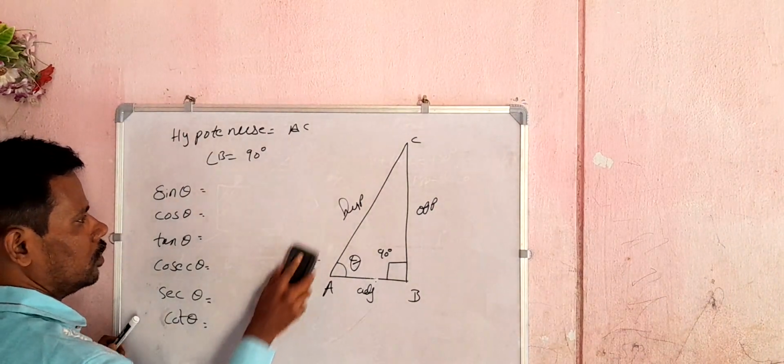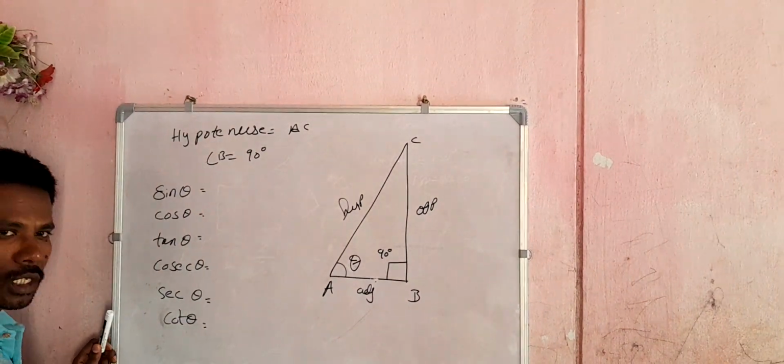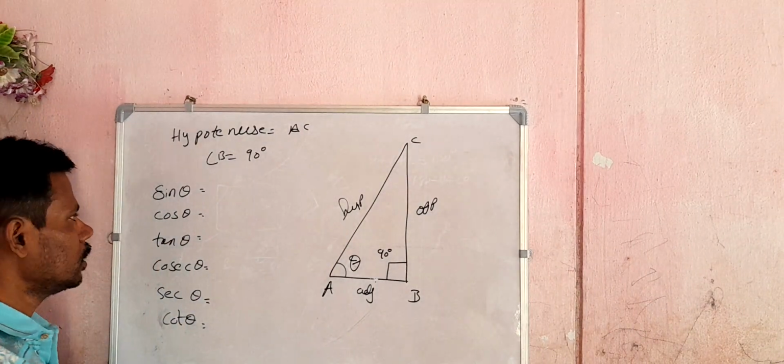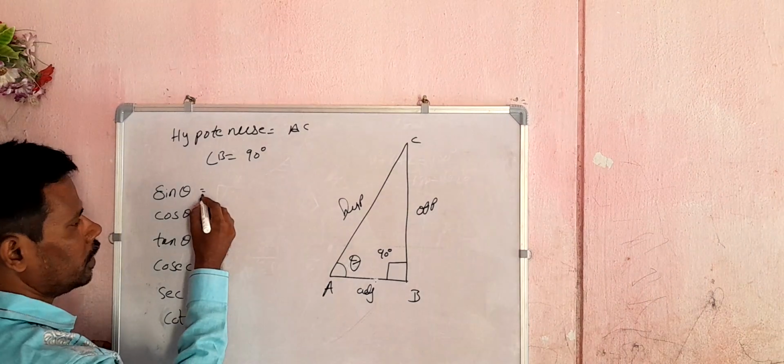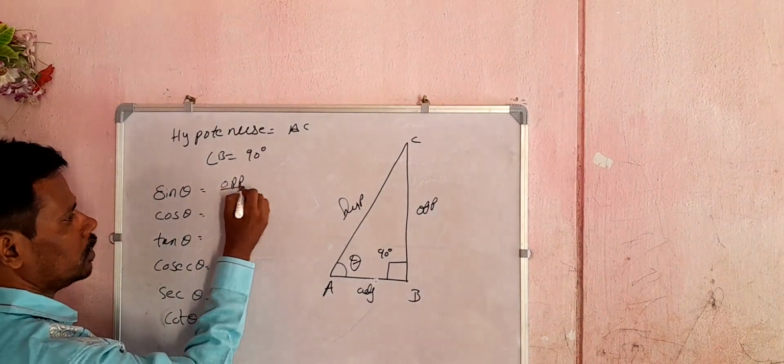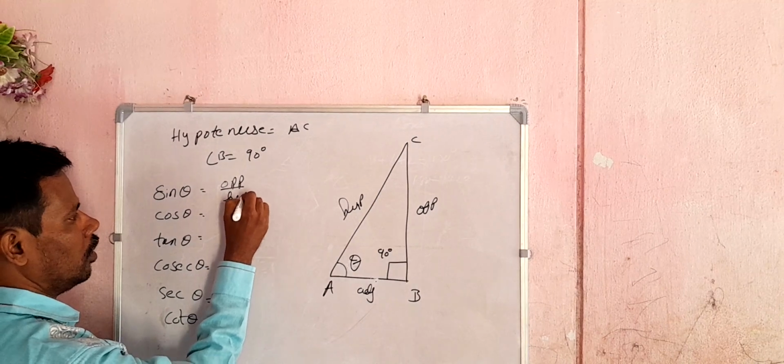Based on this, there are certain ratios in trigonometry which you need to be perfect at. For example, sine theta is nothing but opposite side by hypotenuse.